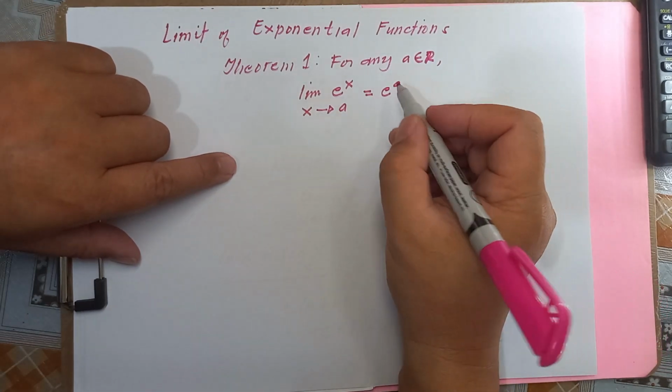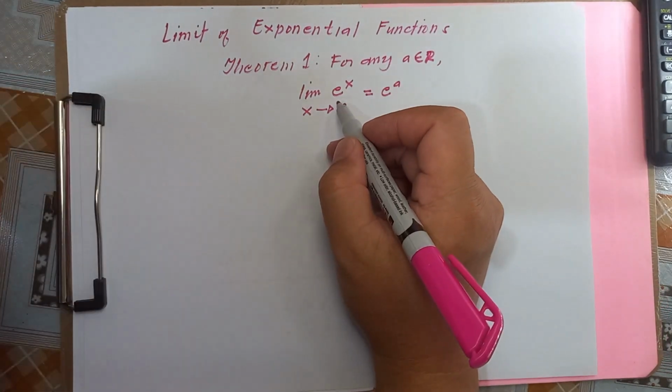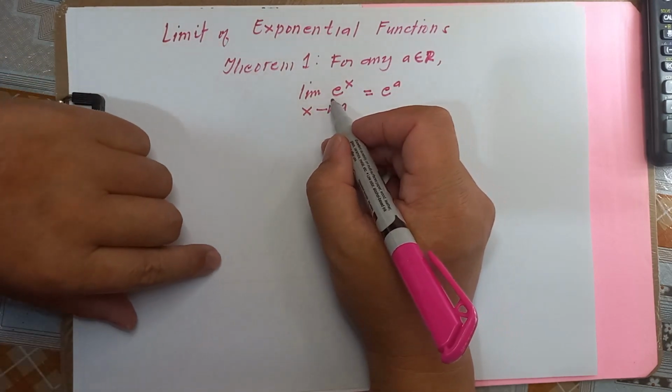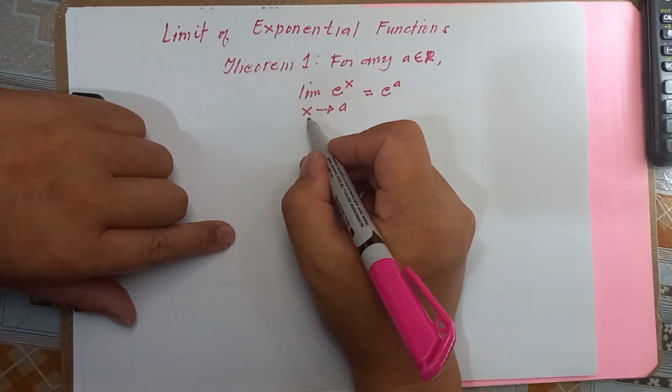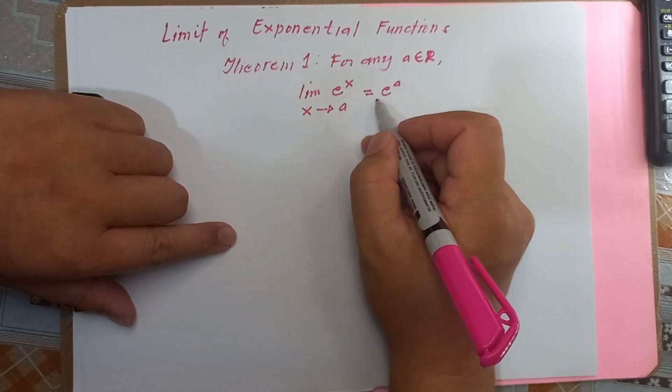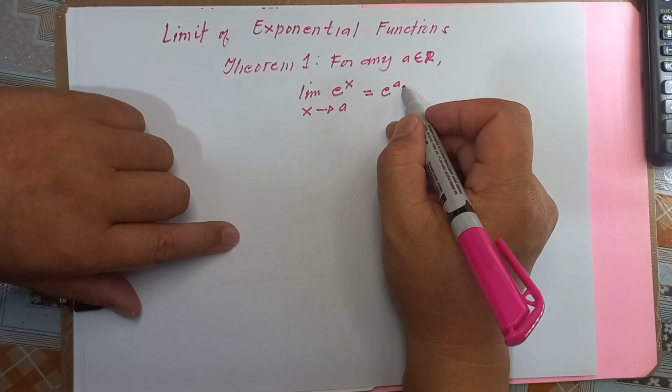So again, the limit of e, the natural number, raised to x as x is approaching a, the result will be e raised to a.